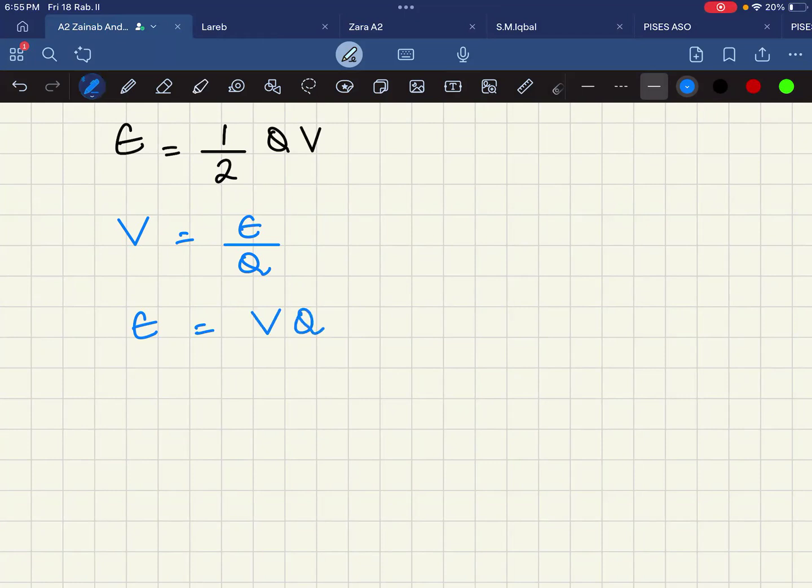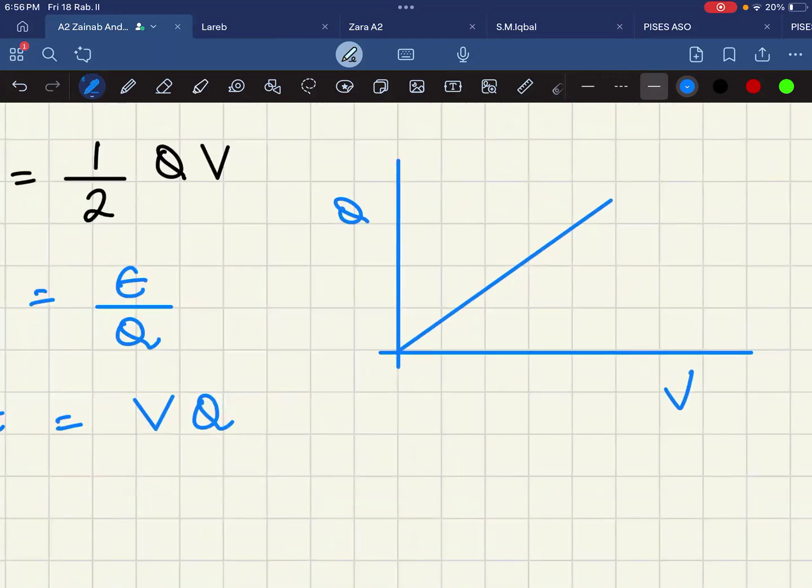But why half? The problem is, I told you even in AS level as well, that if we have a quantity that is not constant, that is increasing continuously, for example, charge is continuously increasing, and it is increasing linearly, then in that case, you can take an average of that. So you just imagine charge has two values.